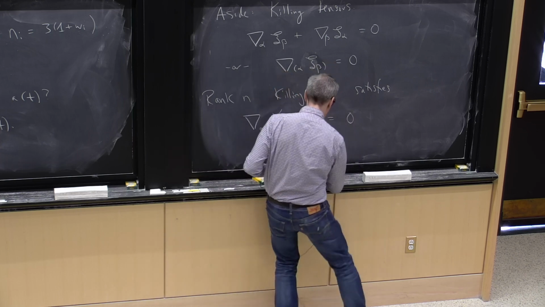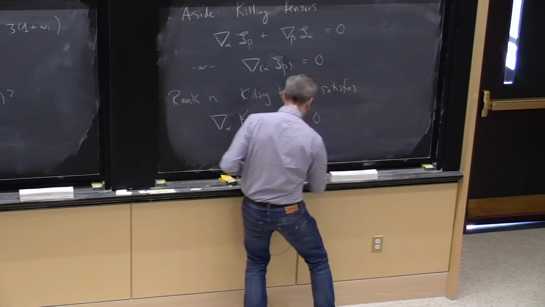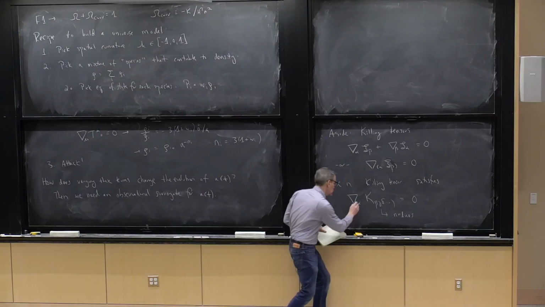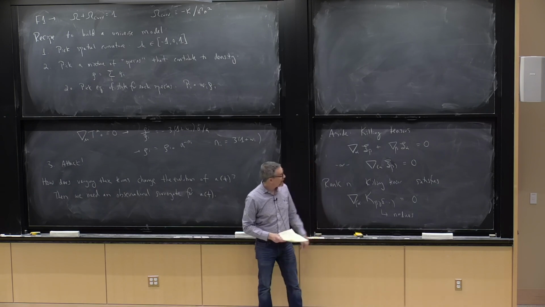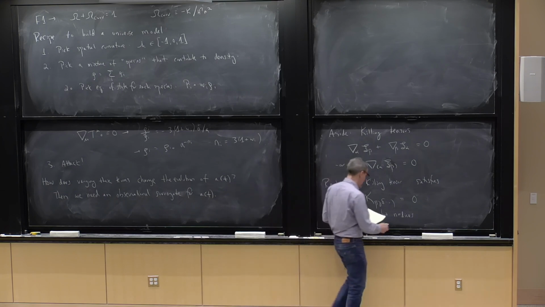So imagine I have n indices here. If I take the covariant gradient of that Killing tensor and I symmetrize over all n indices, that gives me 0. This defines a Killing tensor.